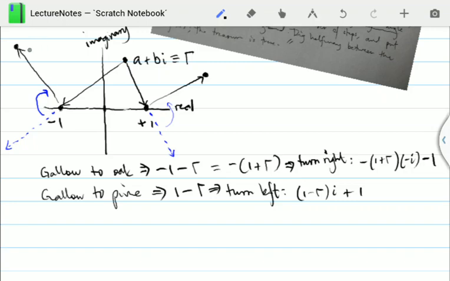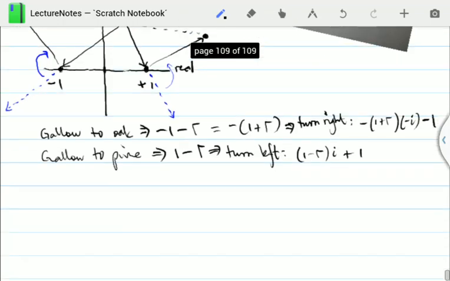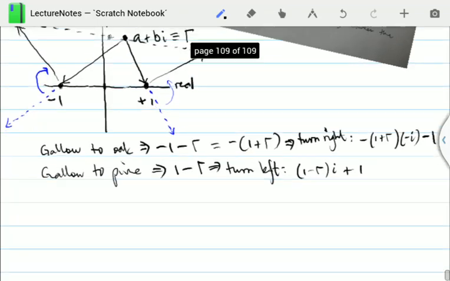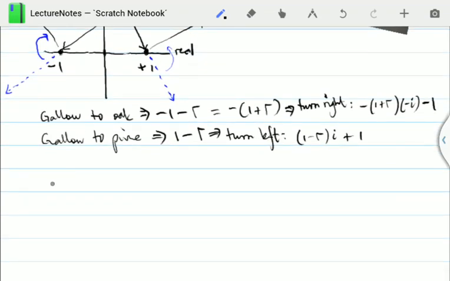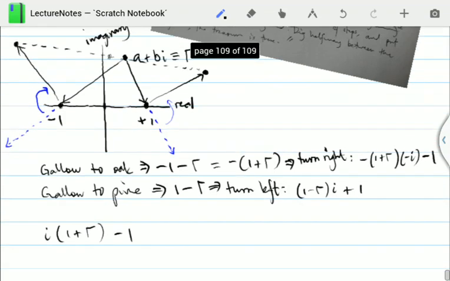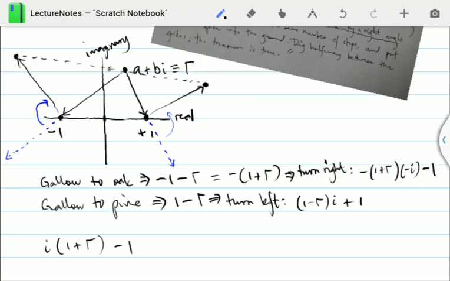And the note says that the treasure is found at the center, in the middle. So how do you get the center? Well, we just add the complex number representing this point, that is i(-1 minus gamma) minus 1, to the number representing this point, i(1 minus gamma) plus 1, and you divide it by 2 because we want to get it halfway.